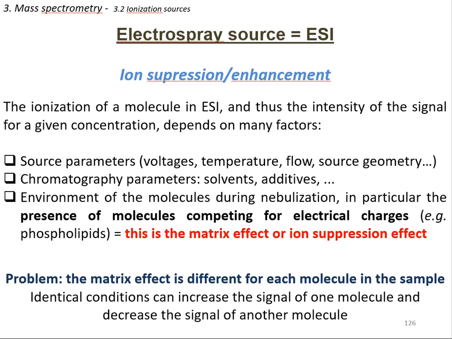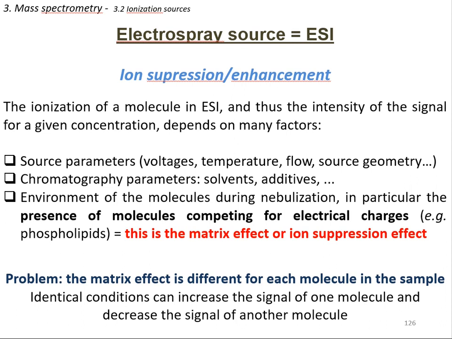There is one big problem with the electrospray source, which is called ion suppression or ion enhancement. The ionization of a molecule in electrospray, and thus the intensity of the signal, depends on many factors. Of course, the abundance of the molecule, that's obvious, but also the source parameters, the voltages, the temperatures, the flow, the source geometry. So from one analysis to another, if you don't use exactly the same parameters or even exactly the same machine, you can have slight variations of the abundance of the different ions.